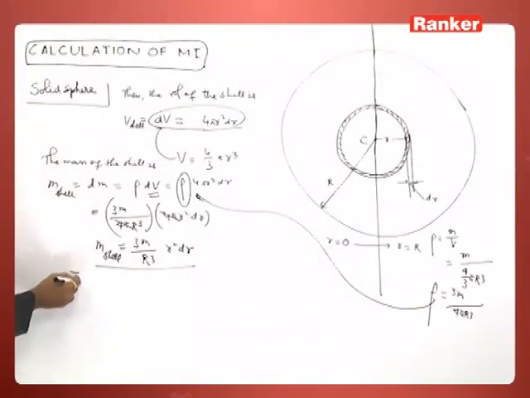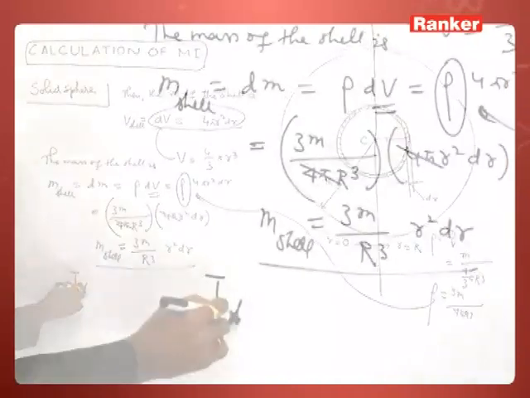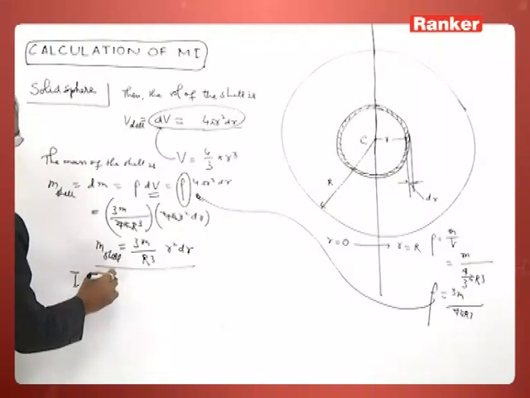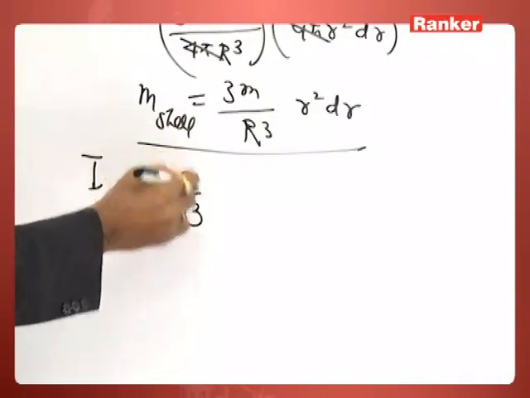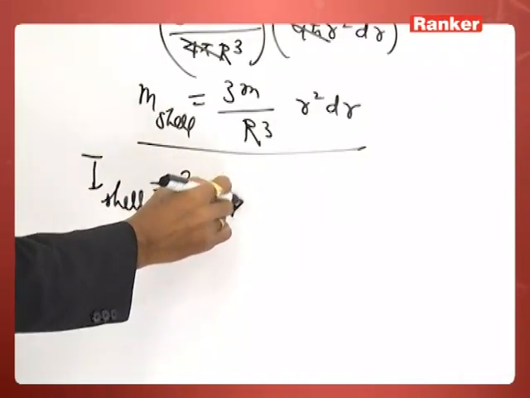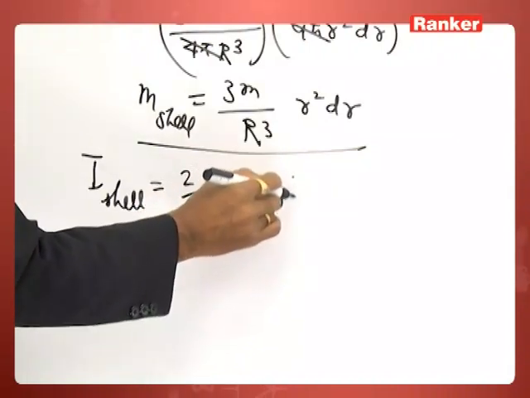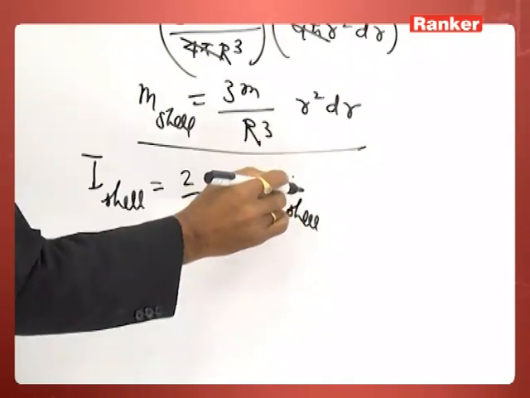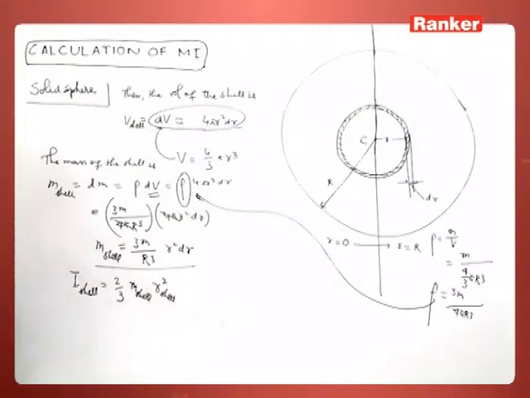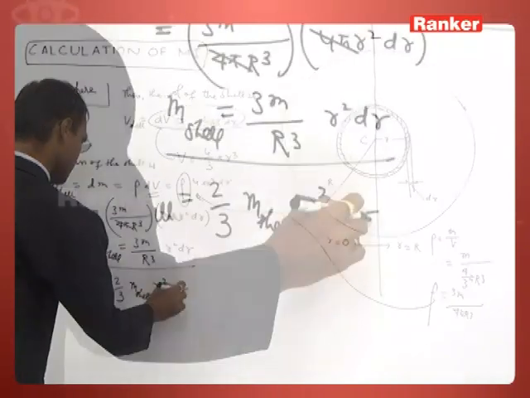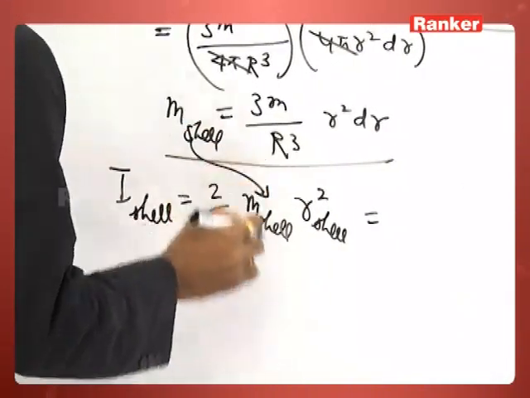The moment of inertia of the thin spherical shell, as per the formula recently we have derived, is given as 2 by 3 mass of the shell into the square of its radius. Substitute the mass of the shell here.